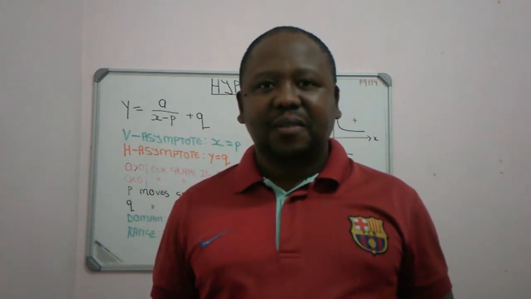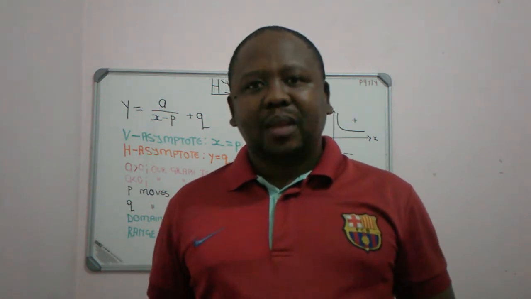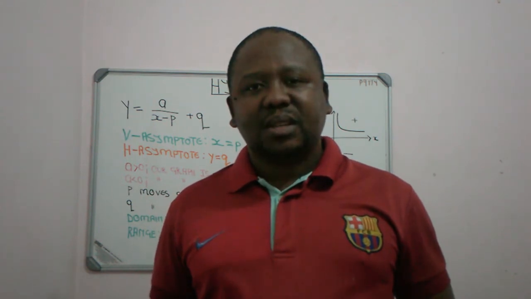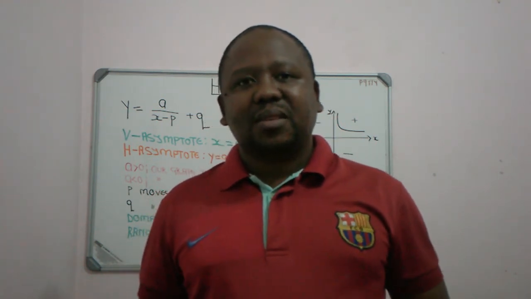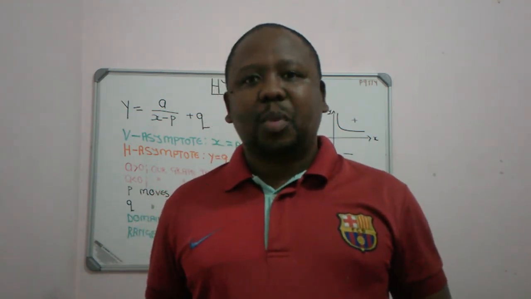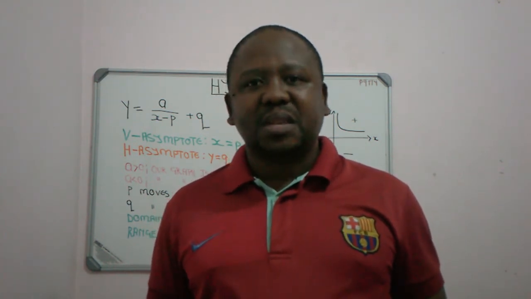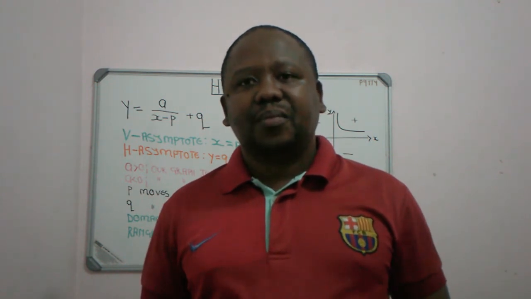If it's negative, second part, fourth part. And you know your p and q are your asymptotes. So what's left, maybe if they say plot a graph, is to get your y-intercept and your x-intercept so that you can plot the graph.